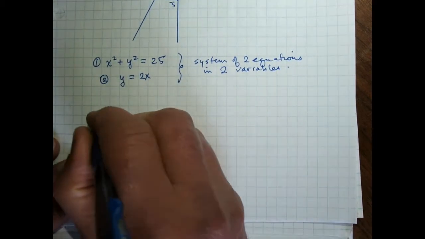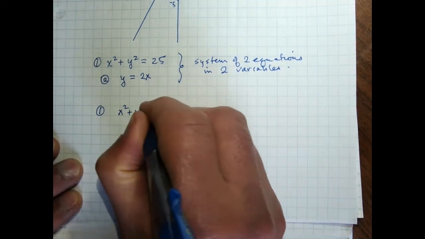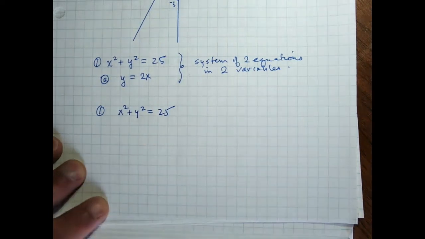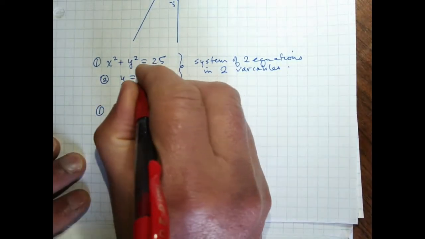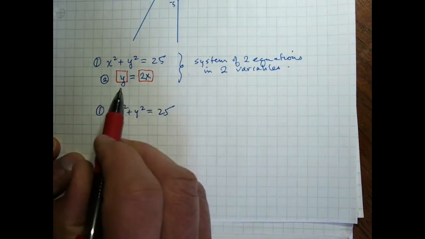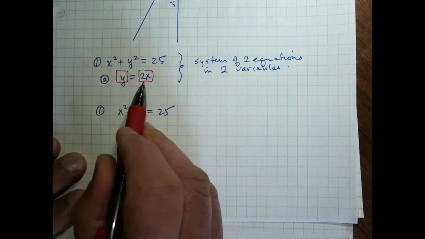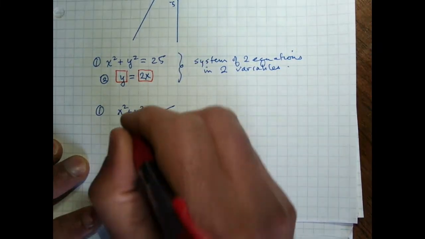So I'm going to just recopy equation 1. And I'm going to use equation 2 because I have y isolated here. Equation 2 is telling me that y can be replaced with 2x anywhere in this problem where we're solving the system.